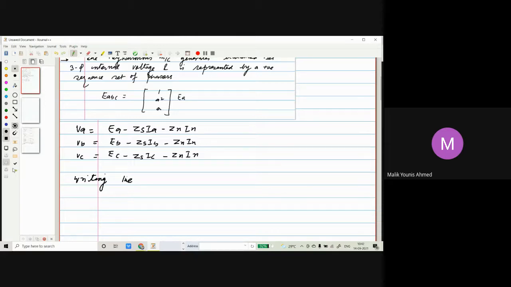Now, writing the above equations in matrix form. So we'll write this in matrix form like this.